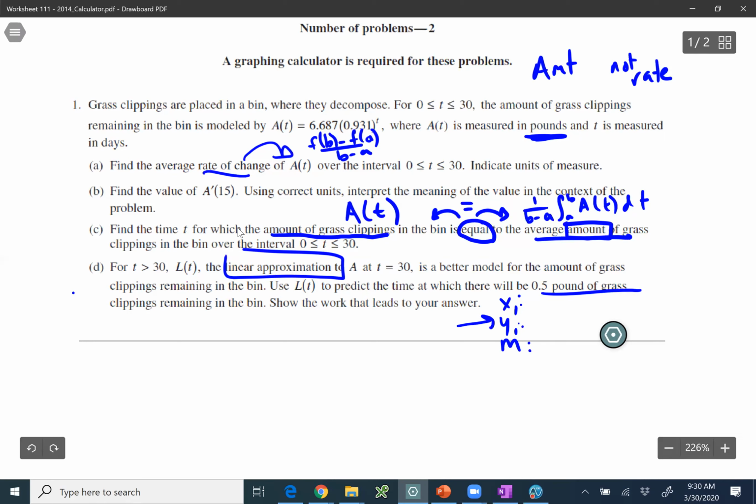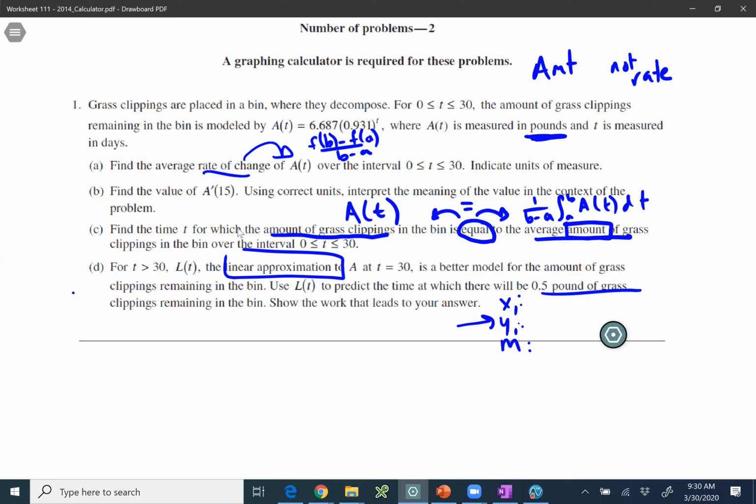Pounds would go in for your y after you get this equation. So you're going to have to set up an x1, y1, and m. And once you do that, then you would plug in 0.5. So this is a little bit of a different question, but those are just some hints for you guys if you're going to try the bonus.